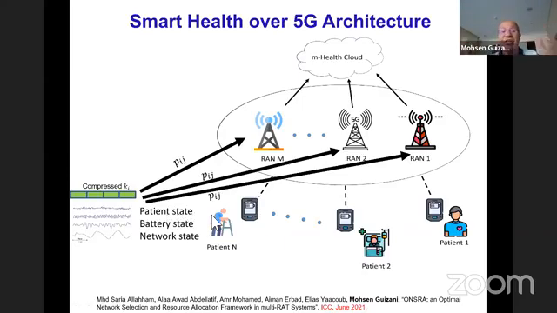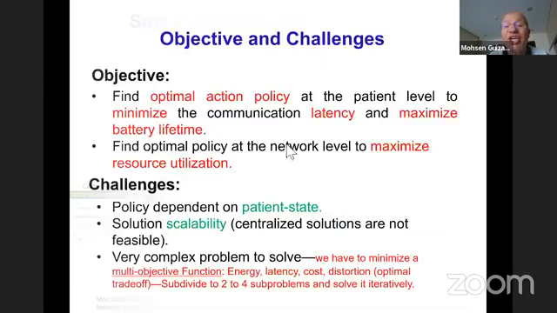The random variables, or random processes, here are multiple. You have a patient state, a battery state, and a network state. So we have different random situations here, and we are collecting these and trying to choose the right RAN to serve us better.